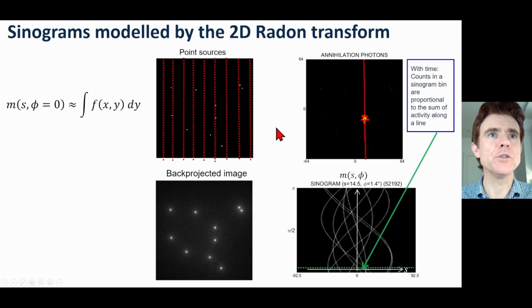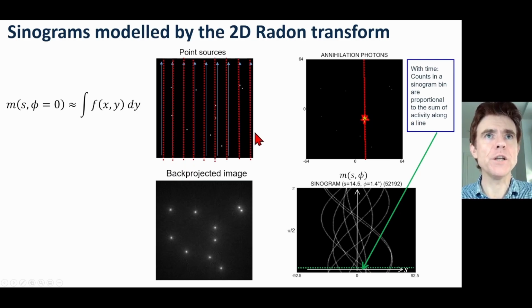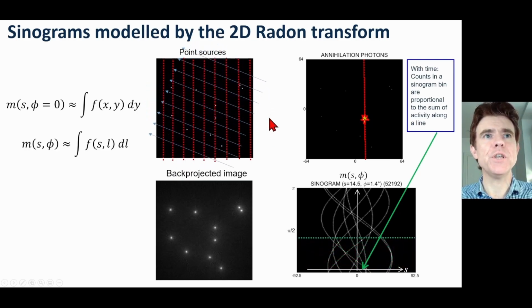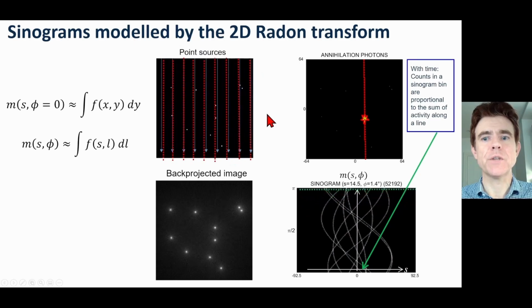So I'm going to try and illustrate that by showing these blue lines to show that these are line integrals. And then what you can see here is I'm just rotating that set of lines. Okay, let's do that again.